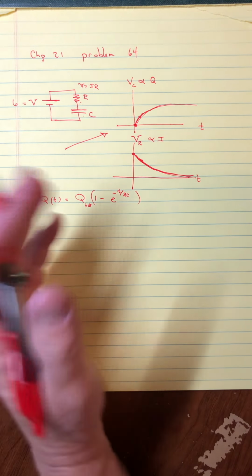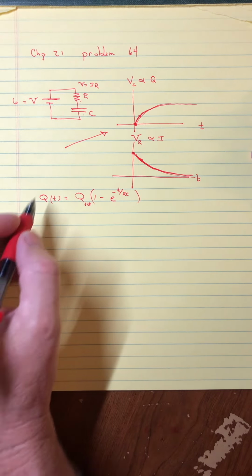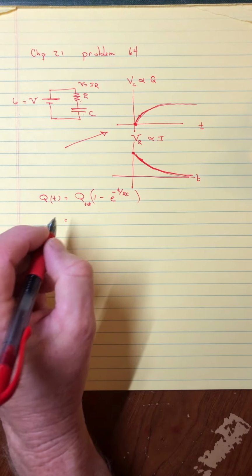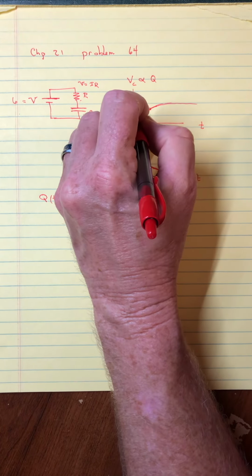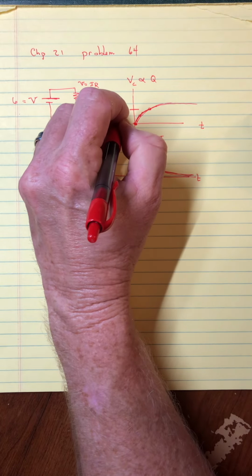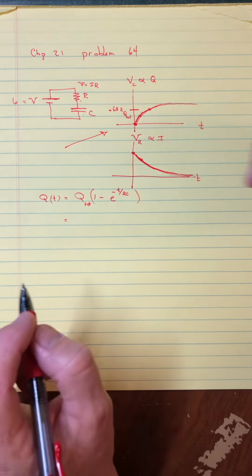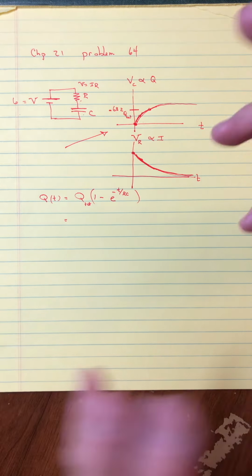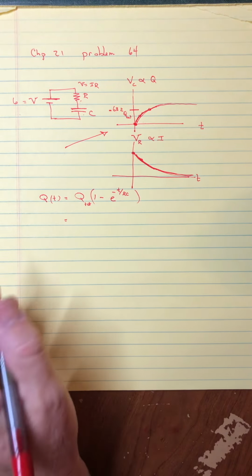And so what they're really saying here is, all right, it's going up, up, up, up, and when it gets right here, which is 0.632 of its total value, that's enough to trigger the mechanism that sends the pulse to make the heart contract.